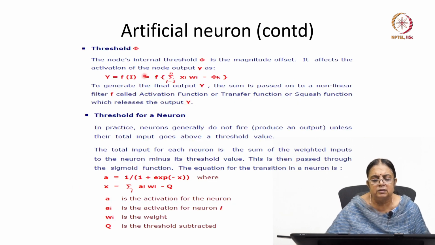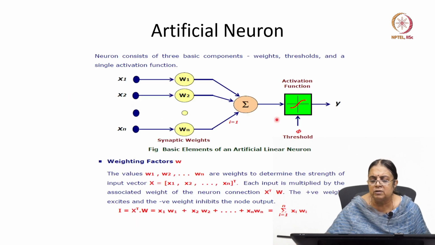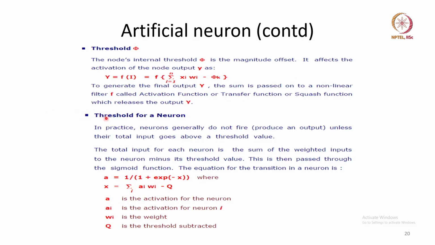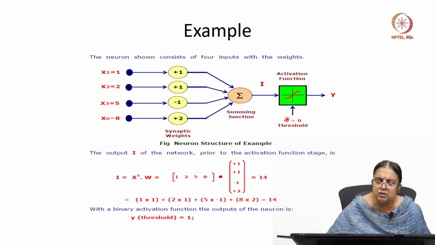Then y will be a function of this minus phi of k, which is the threshold that we have here. So you have a threshold value which is put into this. It is subtracted from it, or in some cases you can have the threshold be equal to 0 also.